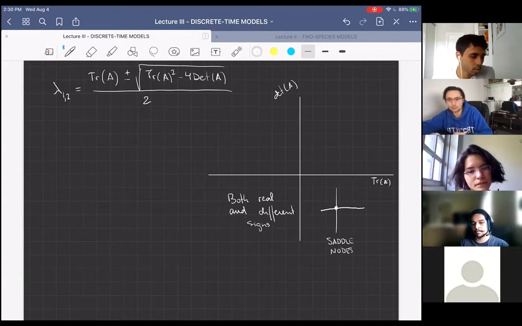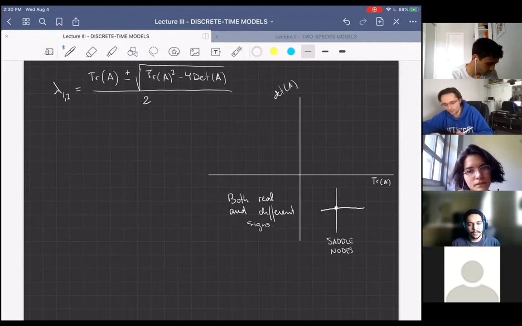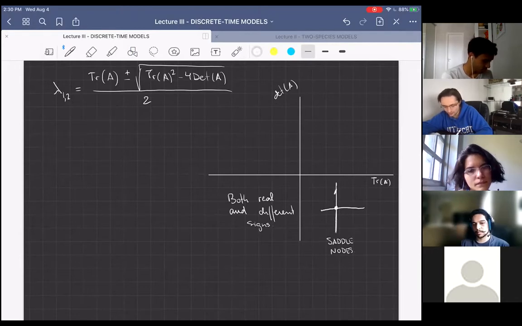One of these saddle nodes that we found, for instance, yesterday in the Lotka-Volterra competitive model. So basically, we are going to have a direction, that I am going to call X and Y, but in general it's going to be different. I have one direction that is going to be repulsive. I have one direction that is going to be attractive.